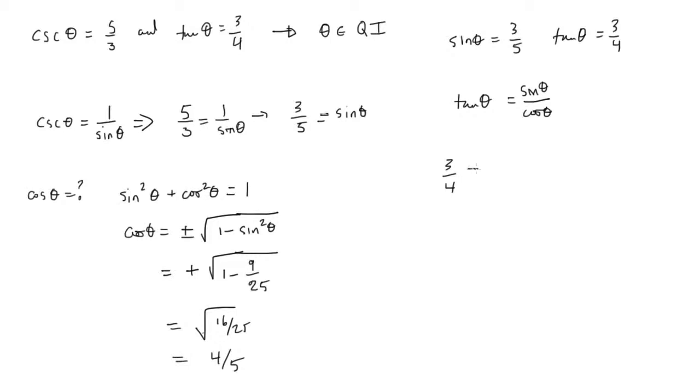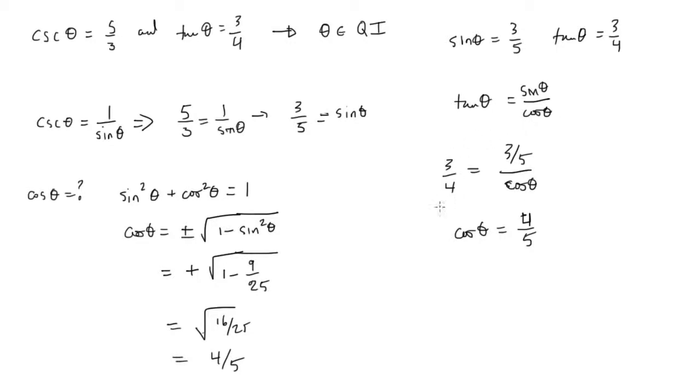Tangent was 3/4, sine was 3/5, and whatever cosine theta needs to be is whatever value makes this equation true. If you just cross multiply and clean up the fractions a little bit, then you get cos theta equals 4/5, just like we did before.